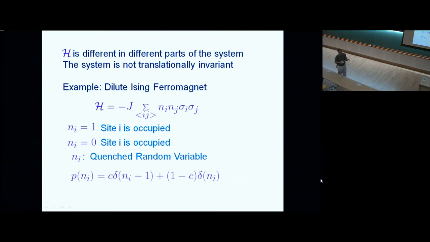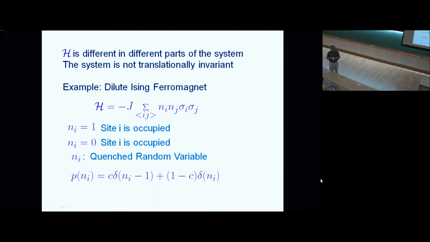The number of such sites for which it is 0 or 1 will depend on the concentration of the impurities or the non-magnetic species that you have in your system. So this is what we specify. We don't specify this site is occupied, that site is occupied, and so on. We say that a fraction c, a concentration of the impurities, is there.